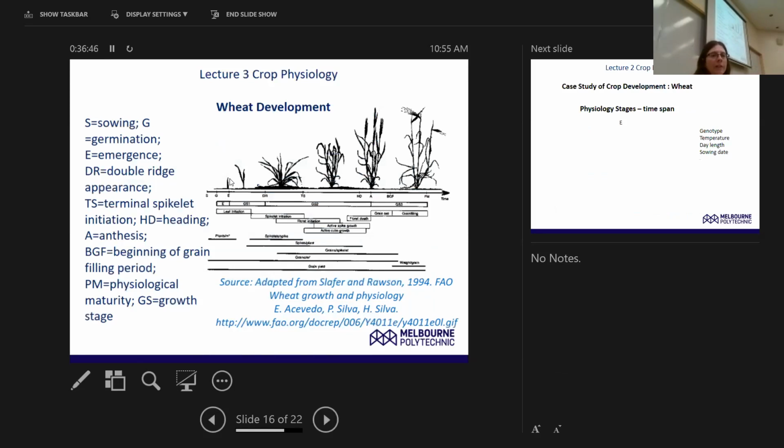Then we have emergence, where you start off with the coleoptile, then the leaves start to emerge and stem structures form. You'll get your first couple of leaves at this stage. Then the plant grows more and more, and this stage here is what we call tillering. Tillering means that these stem structures are growing and the plant is splitting up into tillers.